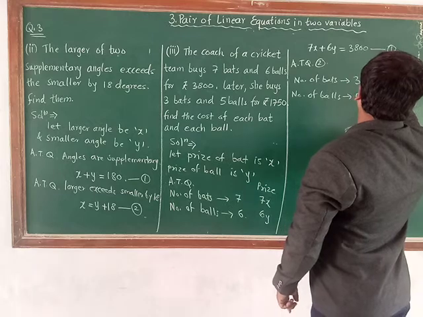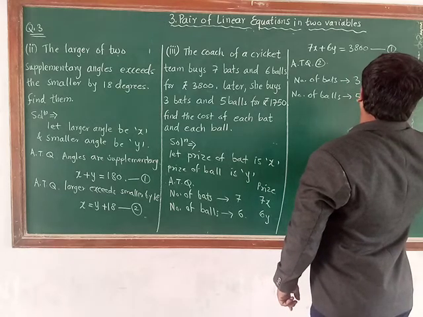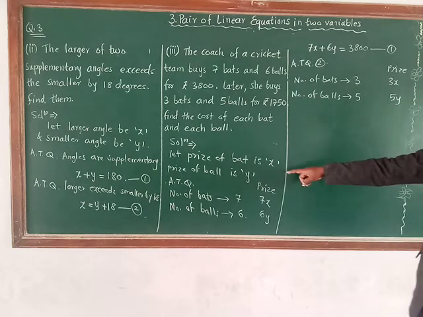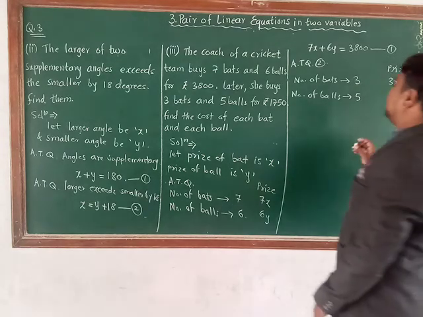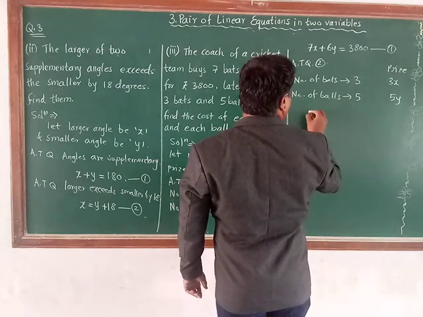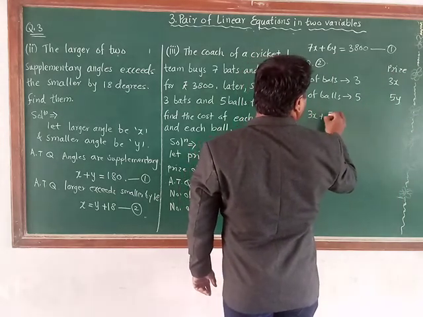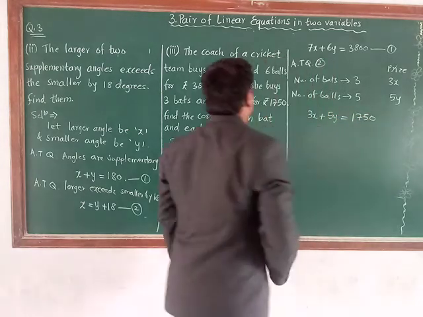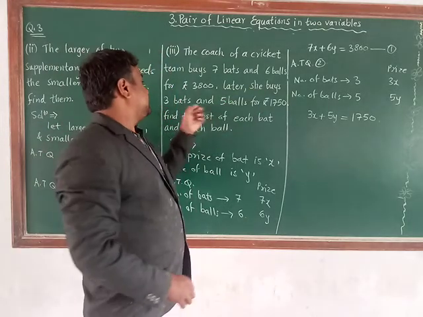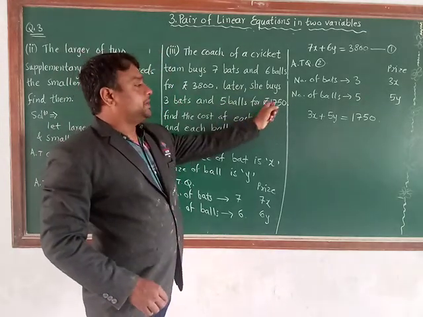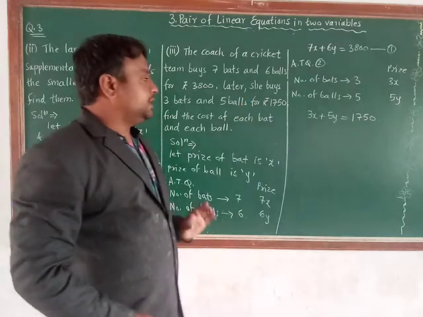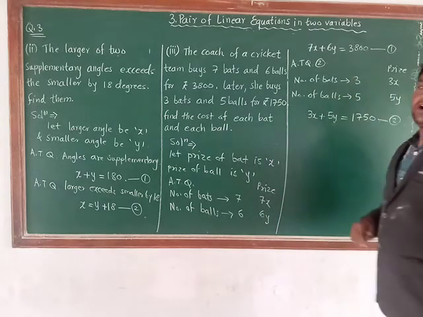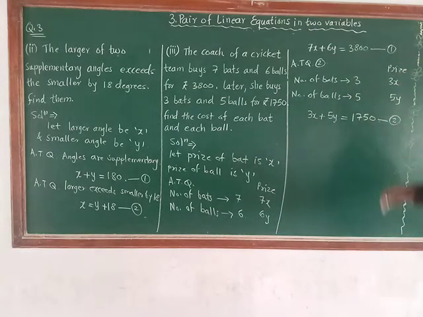So the price is 3x and 5y, because we take the price of a bat as x and the price of a ball as y. So our equation becomes 3x plus 5y is equal to 1750, as per our question that she buys 3 bats and 5 balls for rupees 1750. So here we get our equation second.